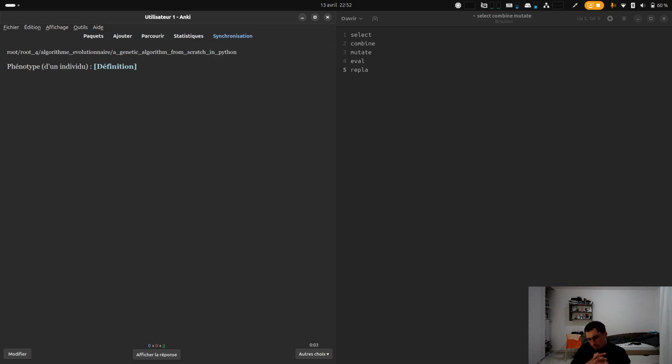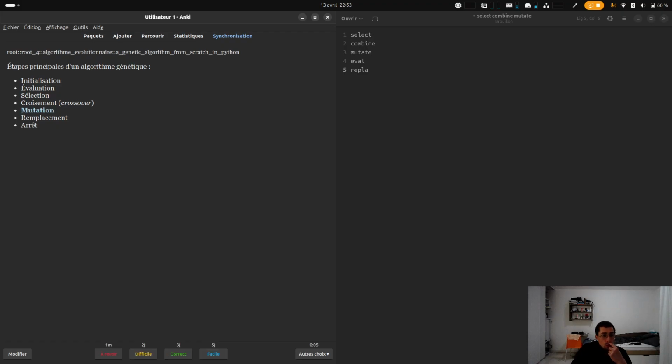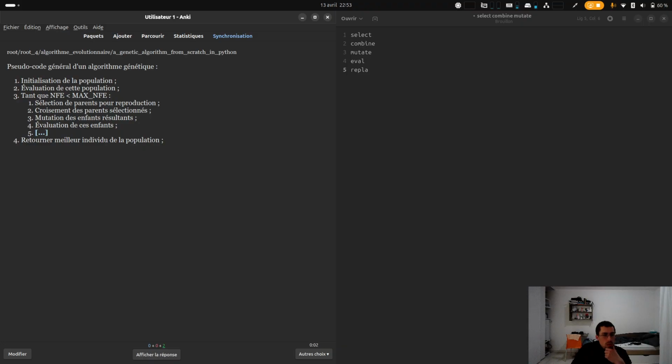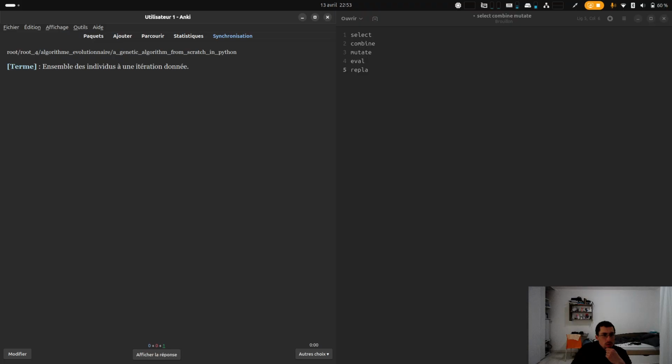Phenotype is the solution as interpreted by the algorithm, solution in the solution space, solution's value in the solution space. From the genotype, of course. Crossover, mutation, evaluation, replacements.